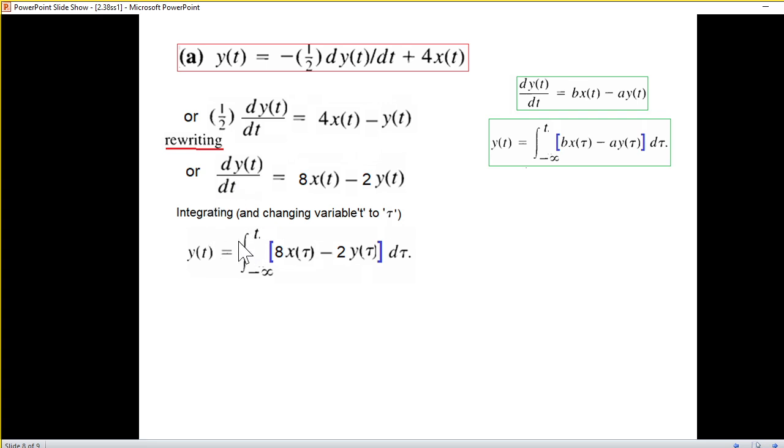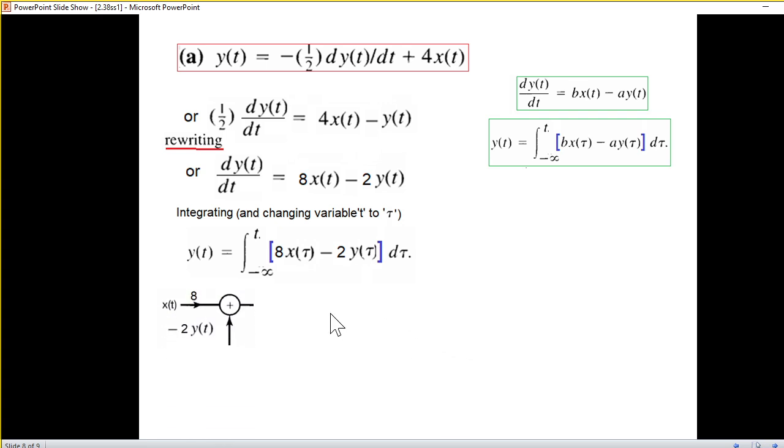y(t) will be the integral from minus infinity to t of 8 x(tau) minus 2 y(tau) d tau. So this is what we should be integrating, this part.